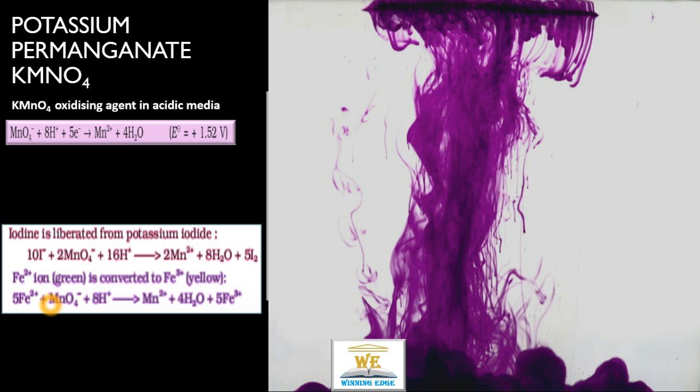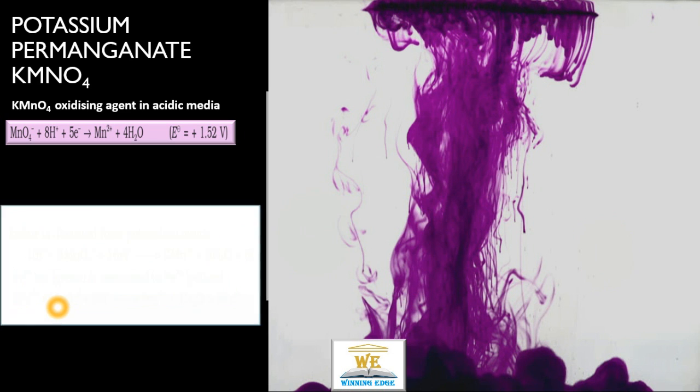Like here, iron oxidation number changes only by 1, because ferrous to ferric, it loses only 1 electron, and potassium permanganate requires 5 electrons to reduce itself from 7 positive to 2 positive. So every mole of potassium permanganate oxidizes 5 moles of ferrous ions, and ferric ion is smaller in size compared to ferrous.